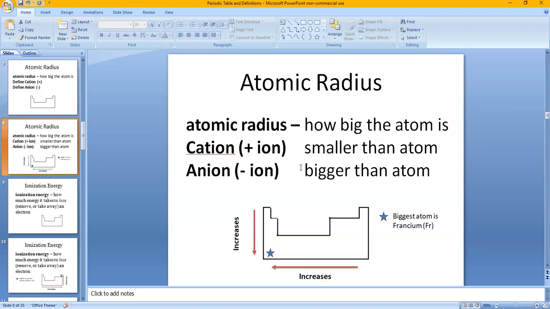The atom is going to become bigger because there's an extra electron in it, and it'll push the electrons out, and so the size gets bigger. But a cation, or a positive ion, is when the electron is removed, and so therefore the electrons can get slightly closer to the nucleus, and you're smaller than the atom. So three different ways to look at atomic radius. First is the atom, what it normally looks like, and then if it becomes a positive or a negative ion, the size will change accordingly.